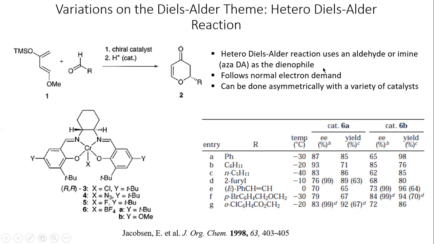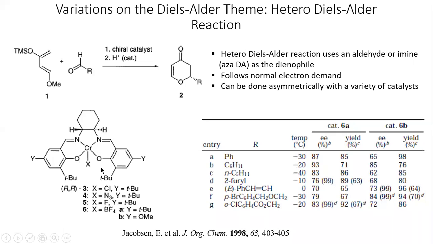It's normal electron demand, and if you look at this particular work by Jacobsen, this is his catalyst that he developed, this chromium salen complex. So this ligand here, that's what's called a salen ligand, and it's substituted with a lot of different substituents, right? You can put a chlorine, you can put tert-butyl, you can put a Z, all these different functional groups you can swap X and Y out with, right?